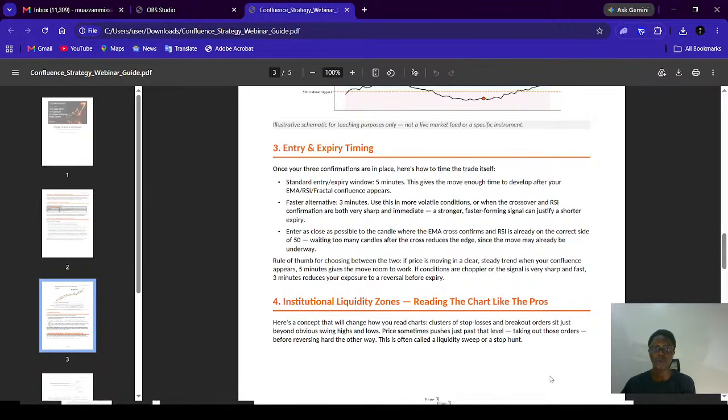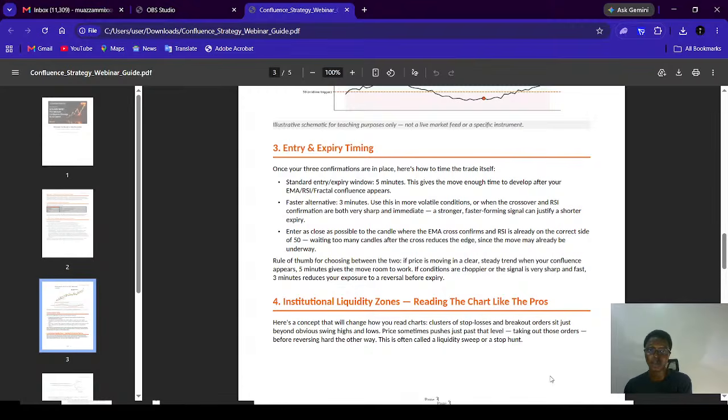For example, when you think the market will reverse quickly, before your trade expires. The best timing to use is the 3-minute time frame, so that you win your trade before the chart or the market reverses, either going up or going down.